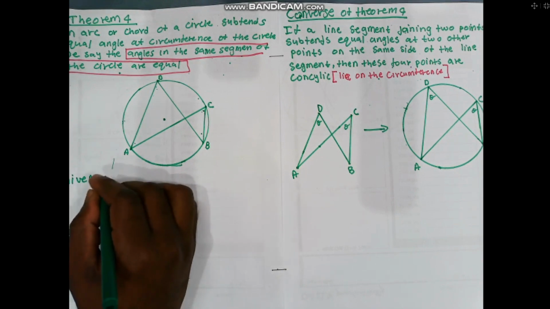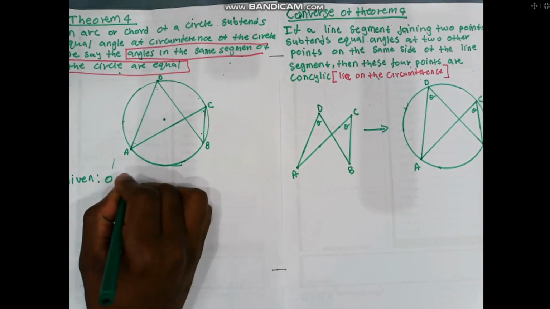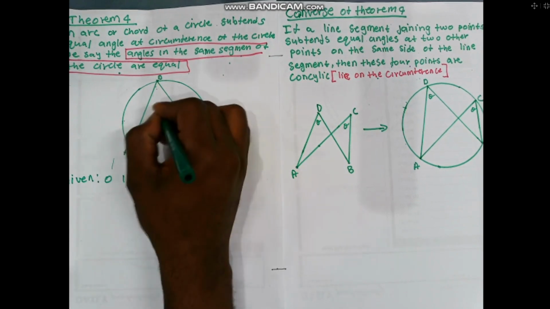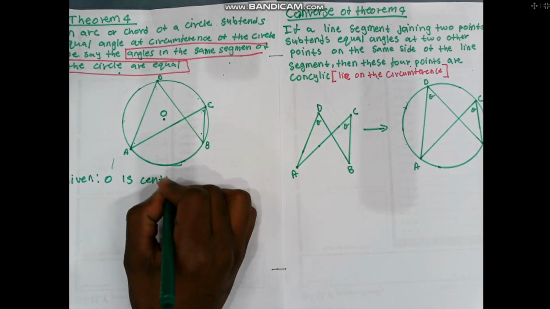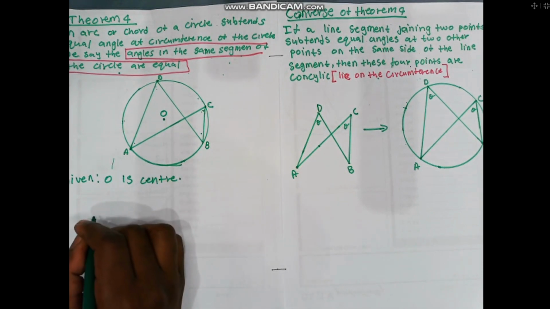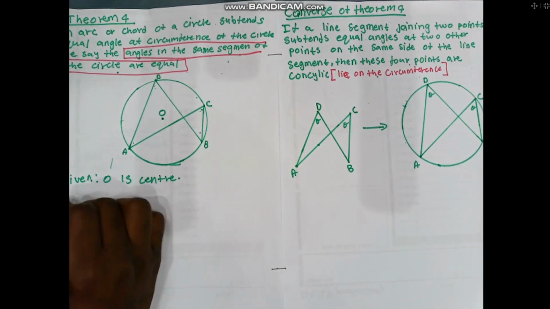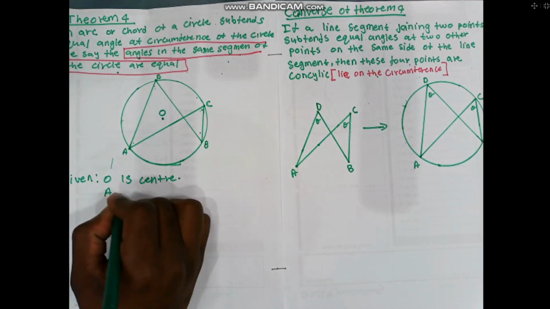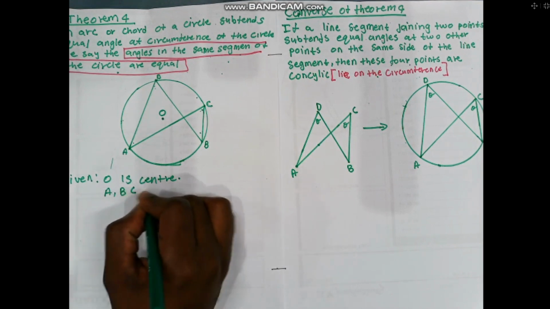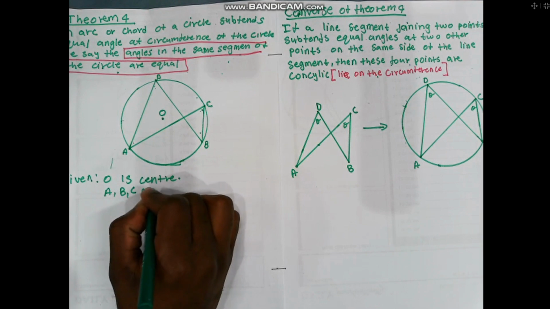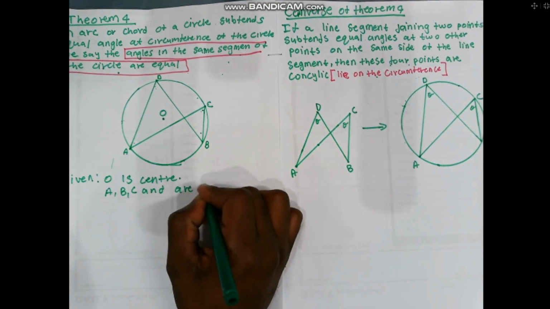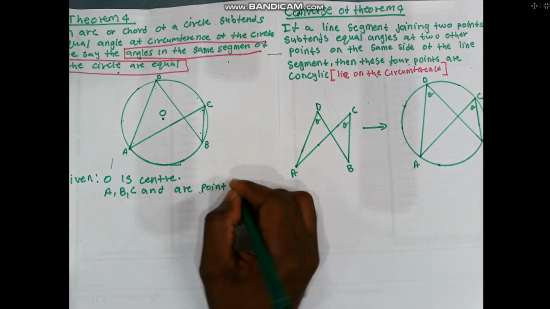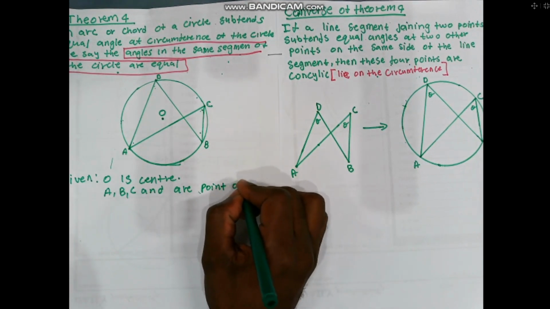The given part is that O is a center, which is O here, and another given part is that A, B, C, and D are points on the circumference.